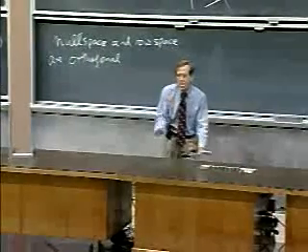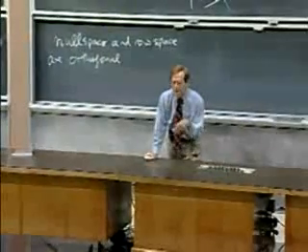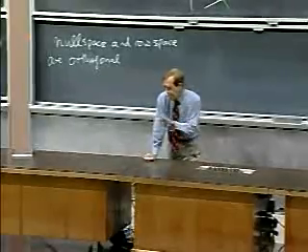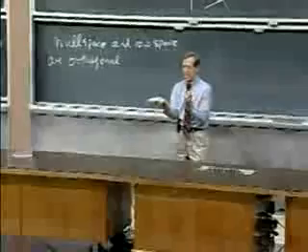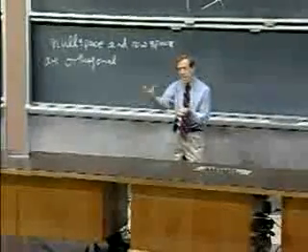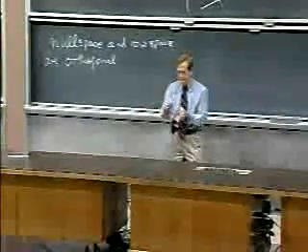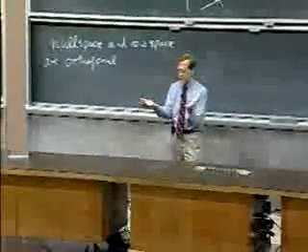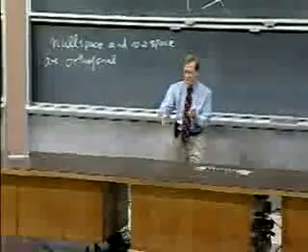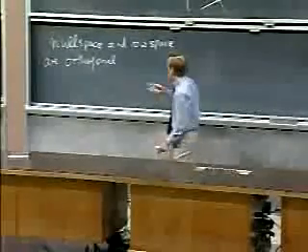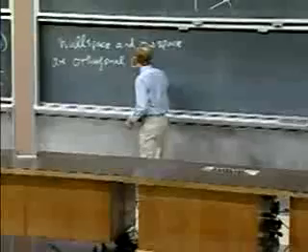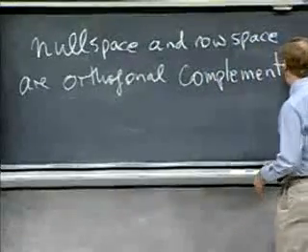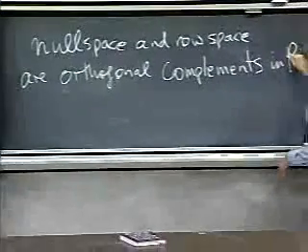But now I want to say more, because there's a little more that's true. Their dimensions add to the whole space. So that's a little extra information. It's not like I couldn't have a line and a line in 3 dimensions. Those don't add up. 1 and 1 don't add to 3. So I use the word orthogonal complement in Rn.